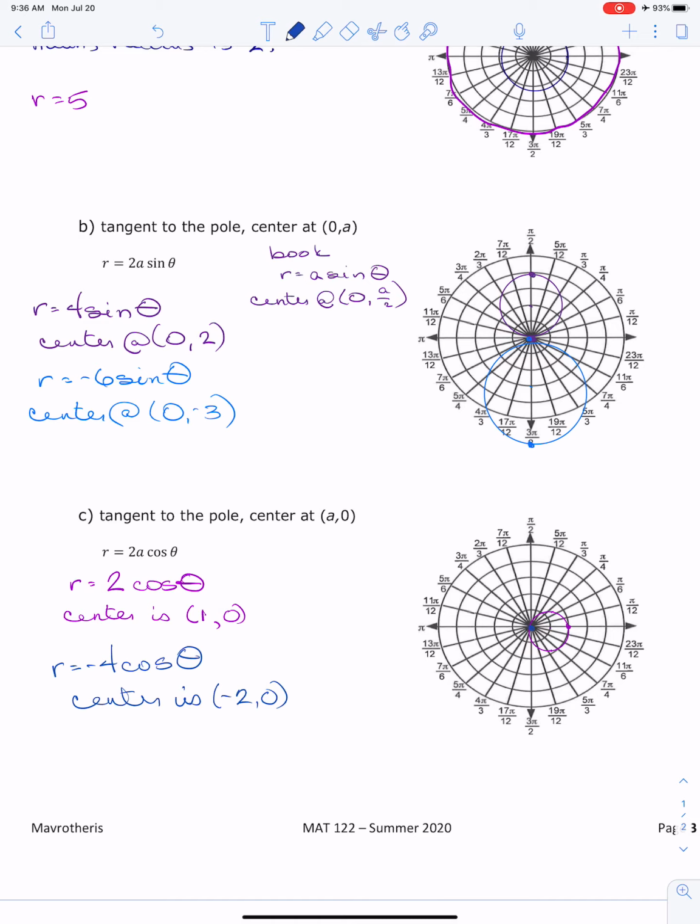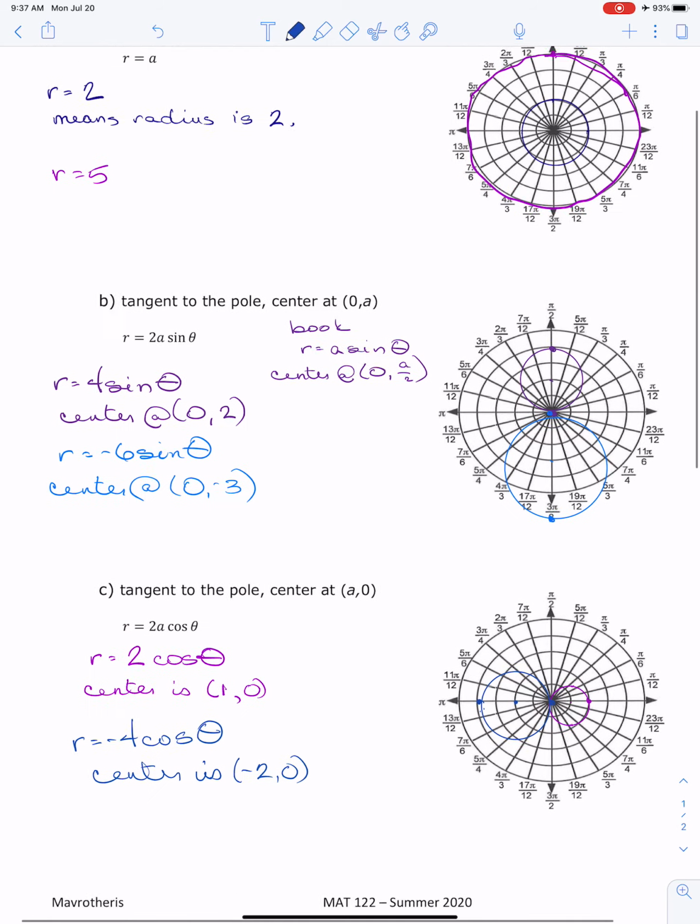So here's my pole, here's my negative 2, here's my negative 4, and now I have a circle that hits negative 4, 0, and 0, 0, and is centered at negative 2, 0. Use your imagination. The circle drawing tool works well to a point.